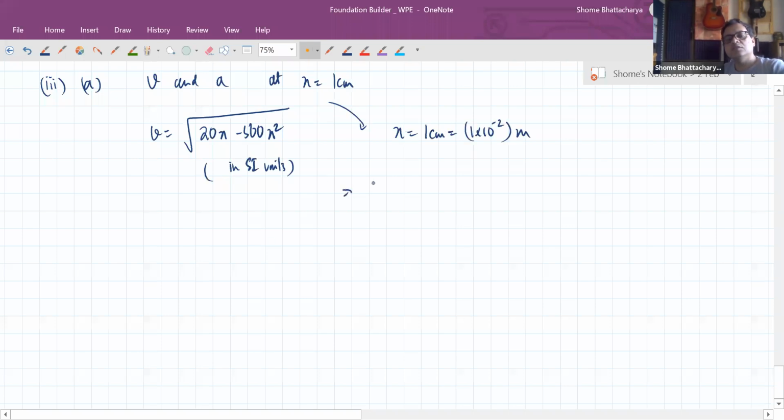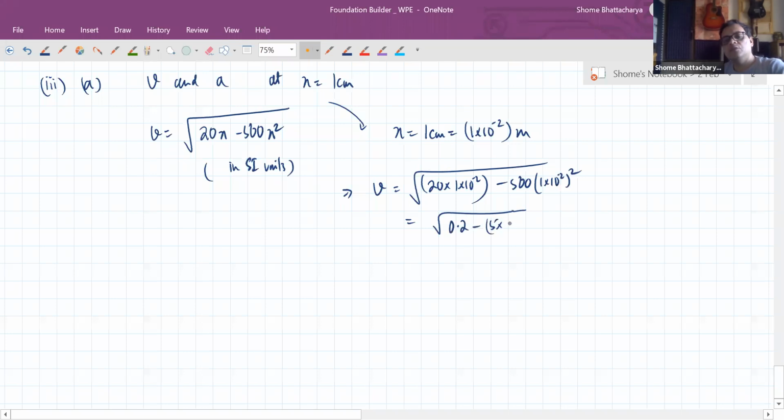So we will get v, minus 500 into 10 raised power minus 2 squared. So this is becoming 0.2 minus 5 into 10 raised power minus 2.